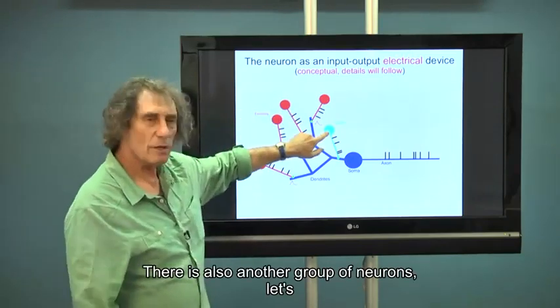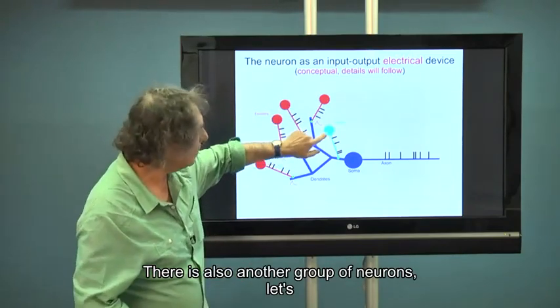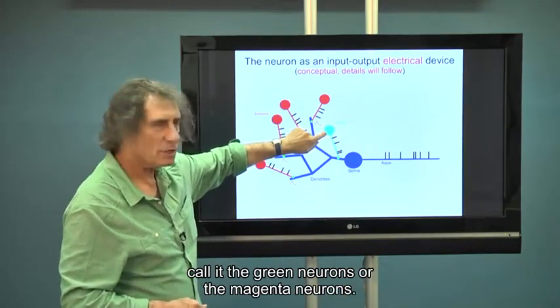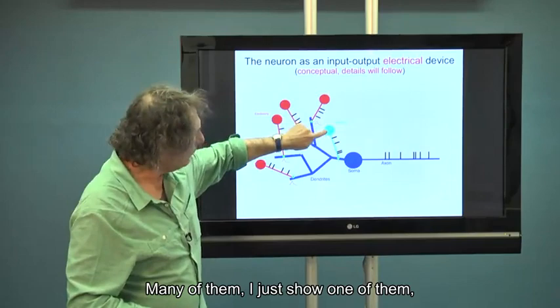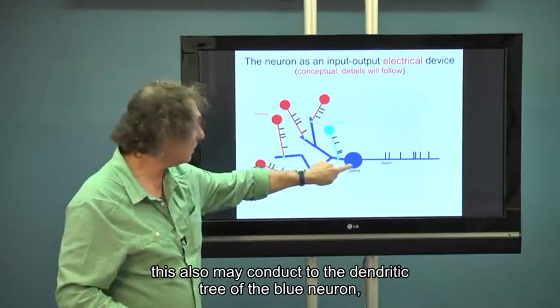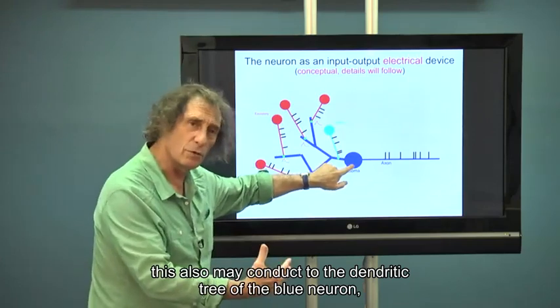There is also another group of neurons, let's call it the green neurons or the magenta neurons. Many of them, I just show one of them, these also make contact to the dendritic tree of the blue neuron.